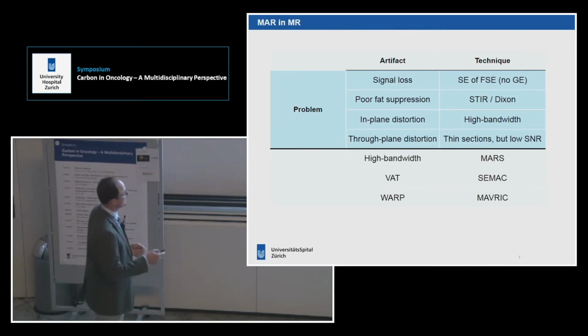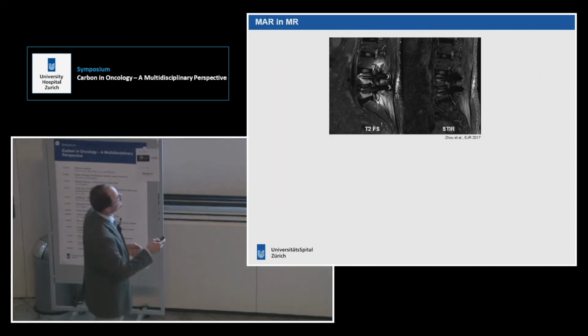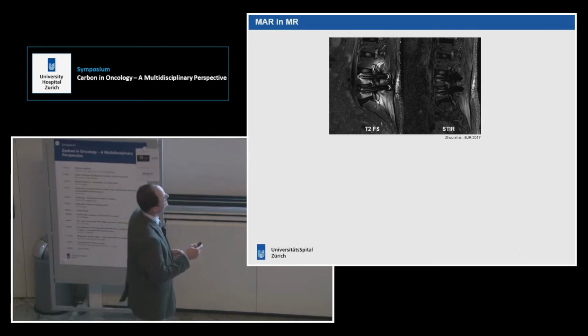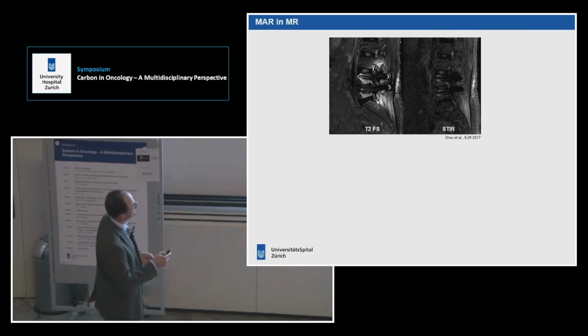Of course, we don't have time to go into detail for all of them, but just to show you, this is just simple standard images from those spinal implants. You see a T2-weighted fat-saturated sequence, which is more or less the same as a STIR sequence, but with a STIR fat suppression, we get a nicer homogeneous fat contrast around those spondylodetic images than just with the T2 fat-saturated images.